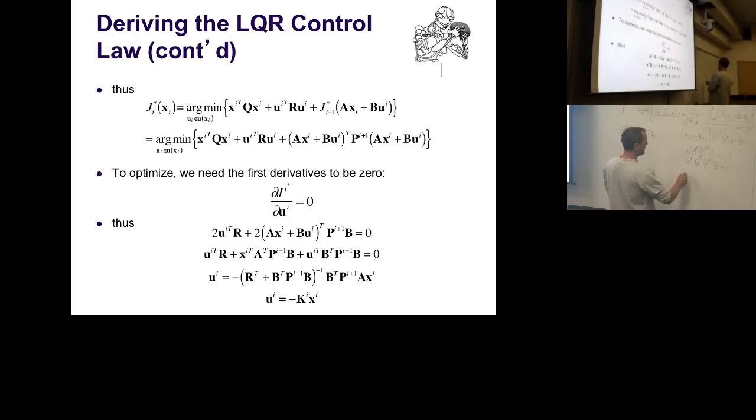Okay, this is going to be x_i A transpose, times B u_i. It's very easy to draw transposes at some point of life.